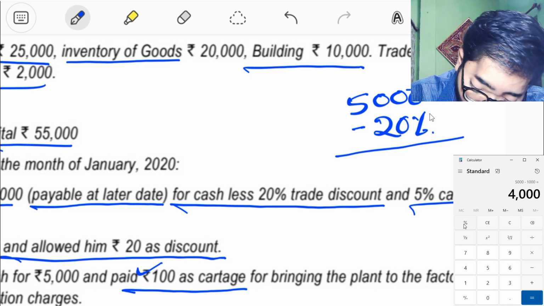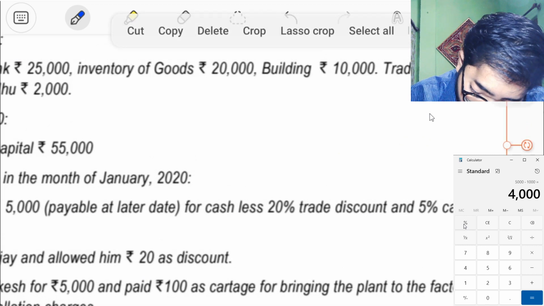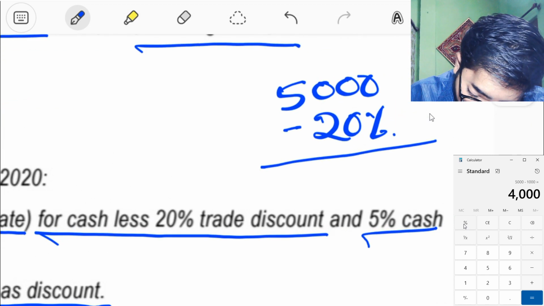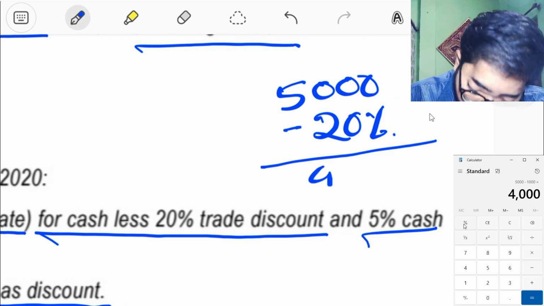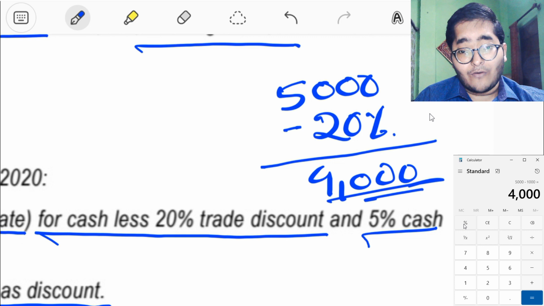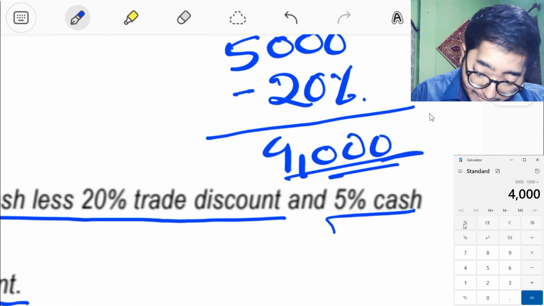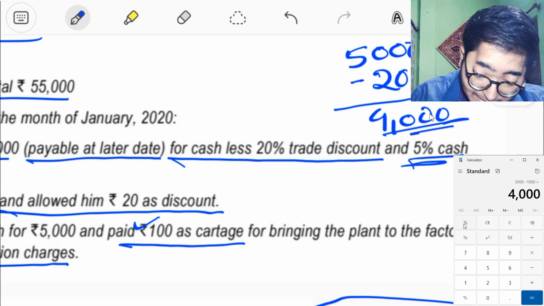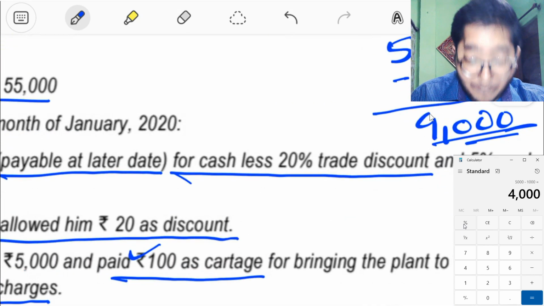So our goods are valued, sorry, our goods are valued for rupees 4,000. 4,000 is the value for our goods that is purchased by us. But there is a 5% cash discount also. 5% cash discount. Why? Due to the payment of cash.